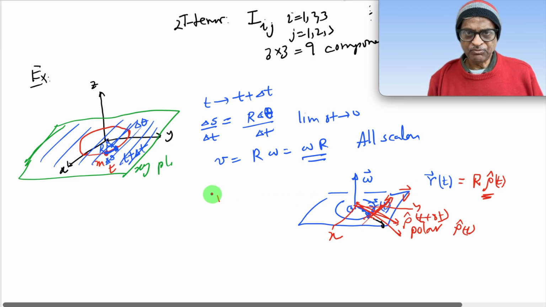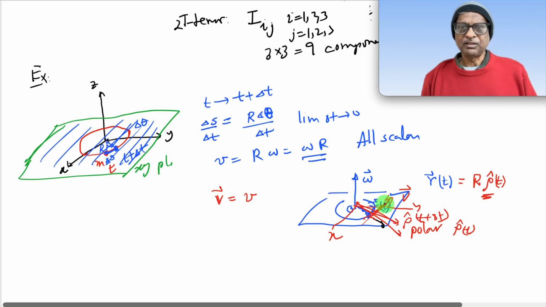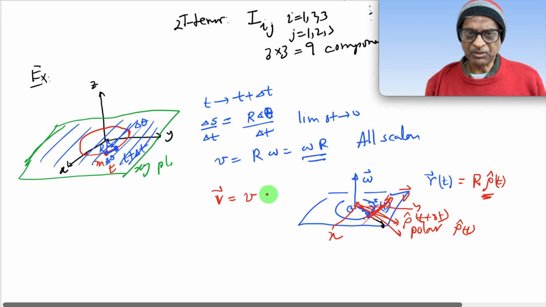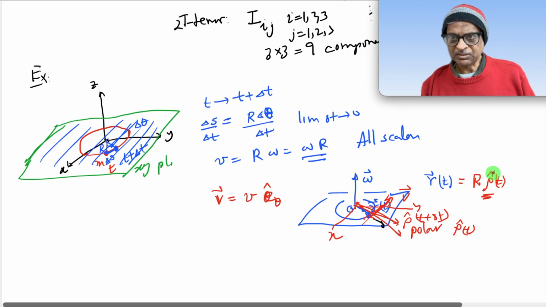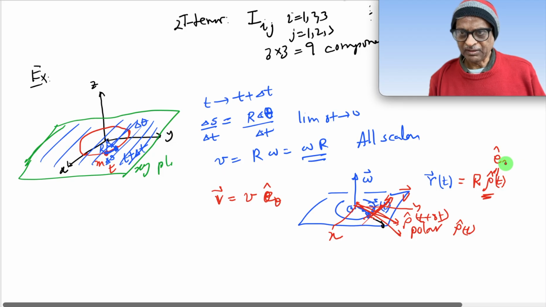So the v vector, the velocity vector, is some speed pointed in the e hat theta direction, and sometimes this one I write as e hat radial.